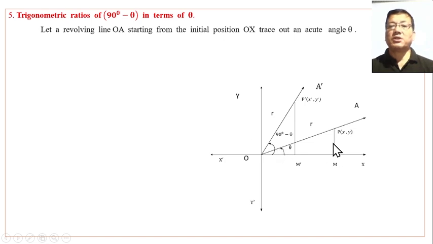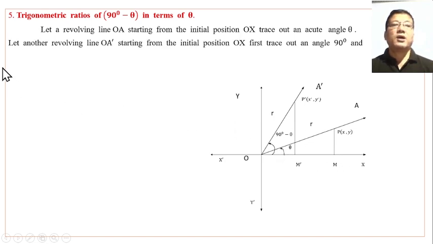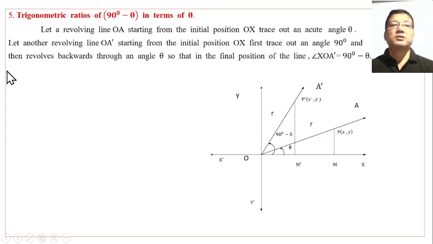Let another revolving line OA dash, starting from the initial position, express an angle 90°, and then revolve backwards through an angle theta, so that in the final position the angle XOA dash is 90° minus theta.